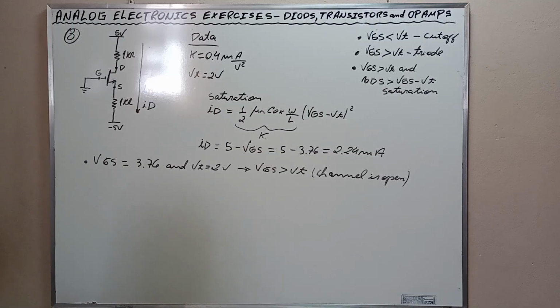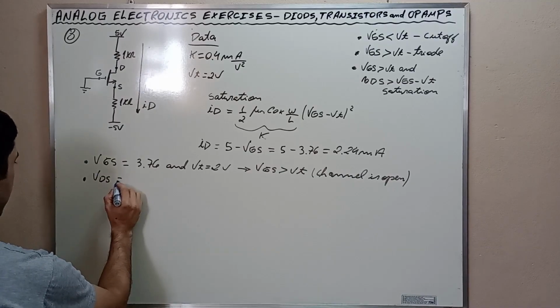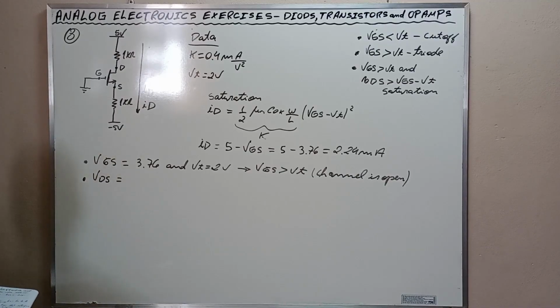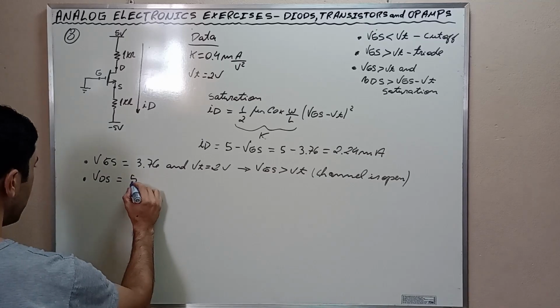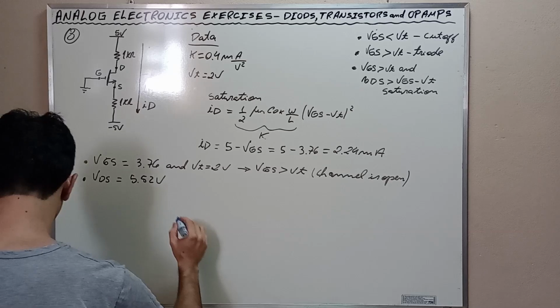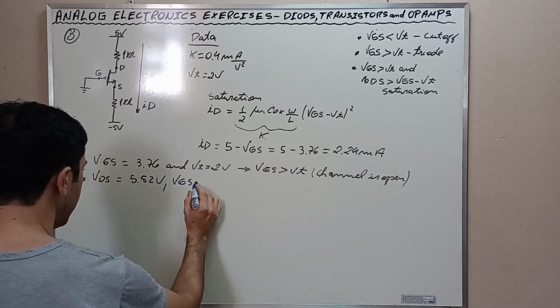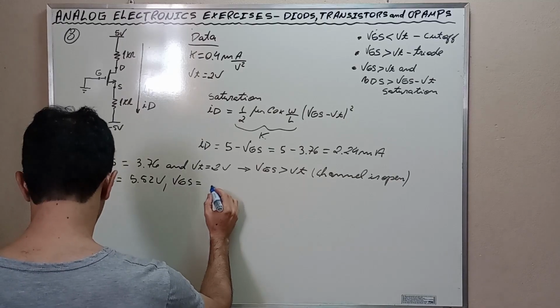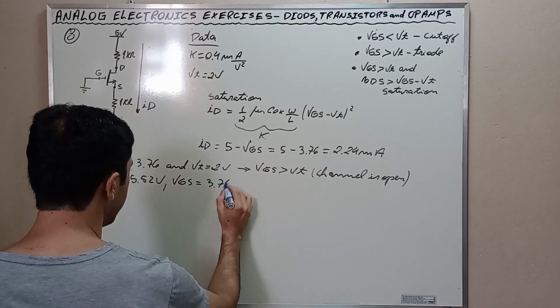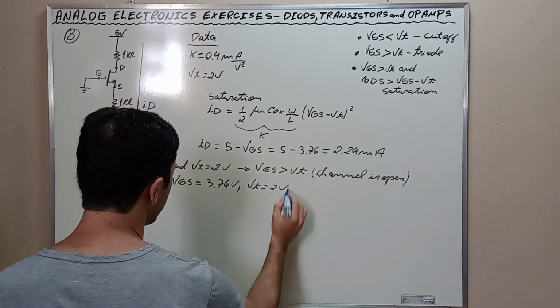And how about VDS? VDS is equal to 5.52 volts. VGS is equal to 3.76 volts and Vt is equal to 2 volts.